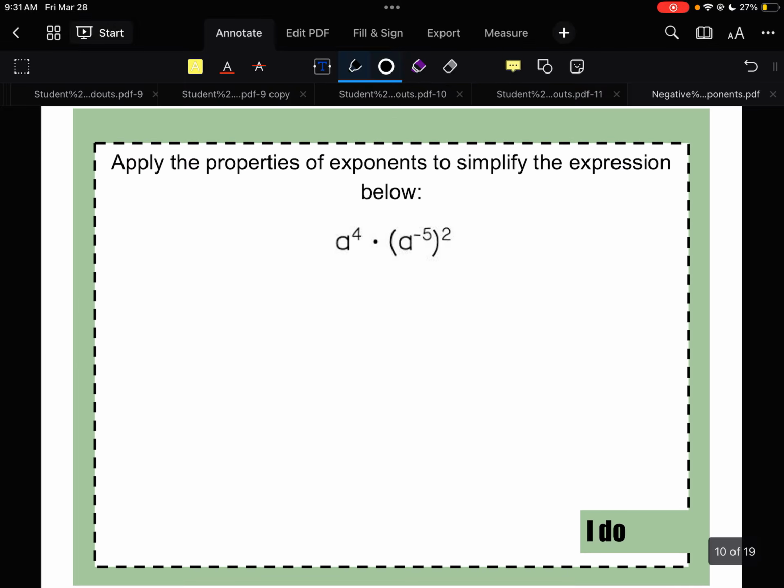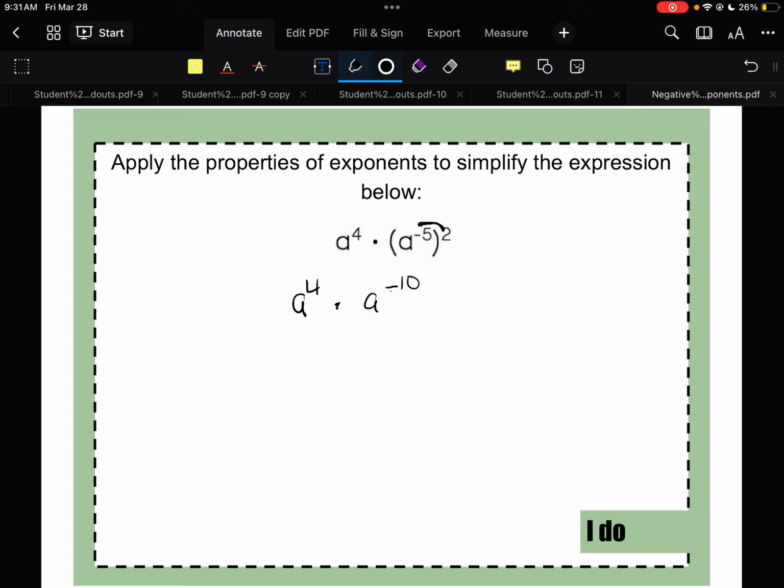All right, this one you have a whole expression here and we have to apply multiple different steps to the exponents. So the first step is you follow PEMDAS. So the exponent to the exponent here. So that would be, keep your a to the fourth here, just bring it down, times a to the negative 10th power here.